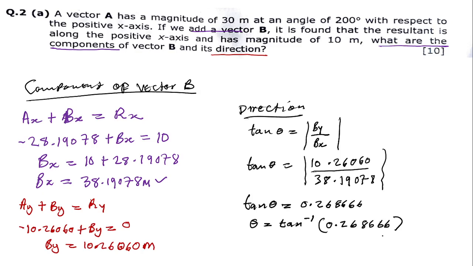After that, when you punch it on your calculator, theta will simply be equal to 15 degrees. I'll round it off, but it's supposed to be 15.03799 degrees.